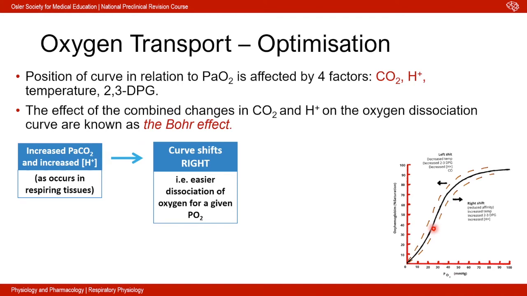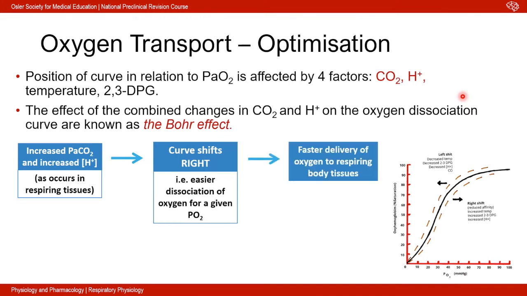So it just means that the hemoglobin will dissociate from this oxygen more readily for a given PO2. So it just takes a little bit of sitting down, staring at the graph, just making sure you really understand that. So this basically means that you'll have a faster delivery of oxygen to the respiring tissues, because if you've got a higher surrounding PCO2 and H+ in these tissues, and you've got an easier dissociation of oxygen, more is going to fall off in those regions.